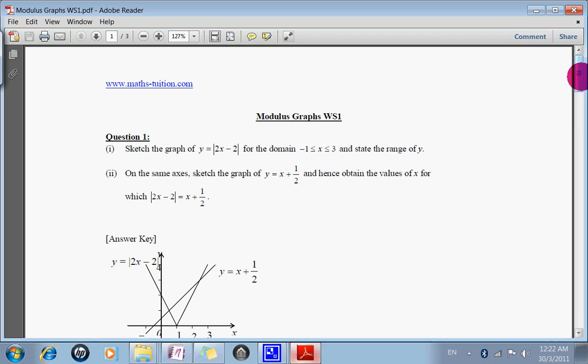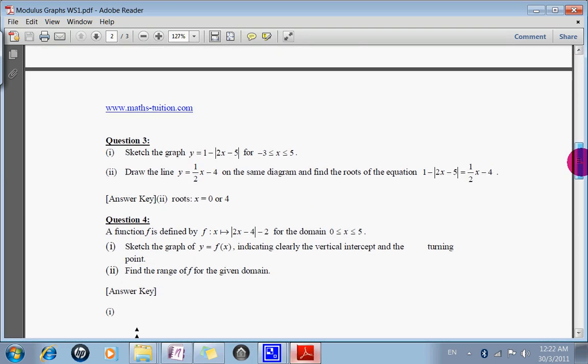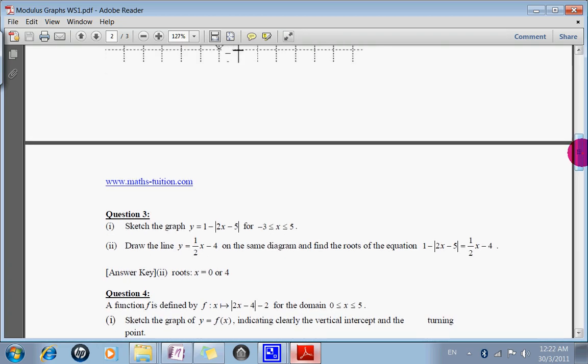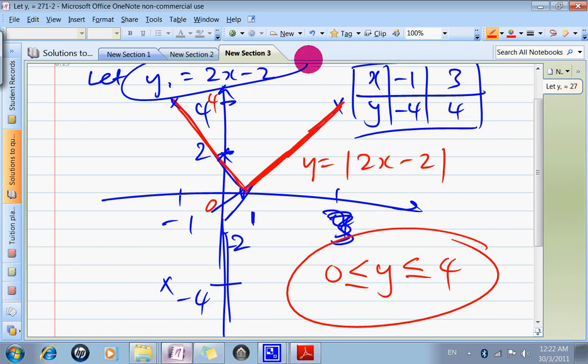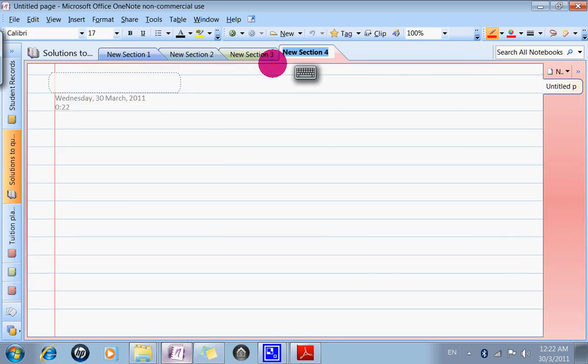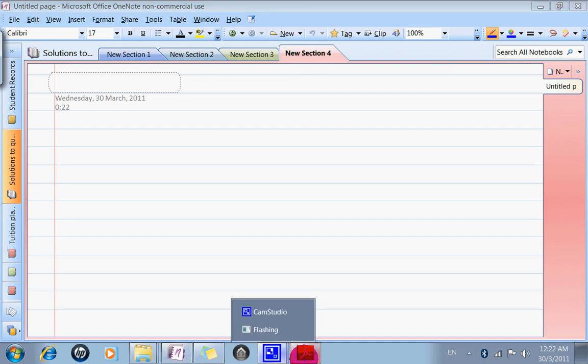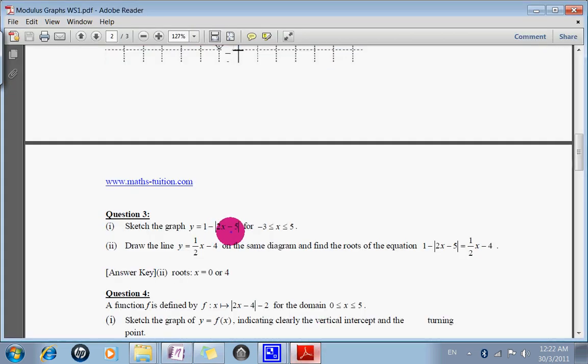Let's look at another question, question number 3. Sketch a graph of 1 minus modulus 2x minus 5. We must start by doing the part of the curve which is inside the modulus, 2x minus 5.